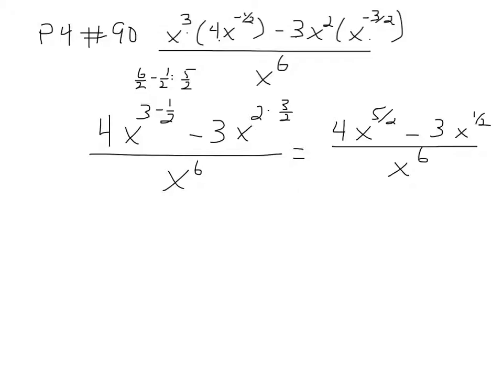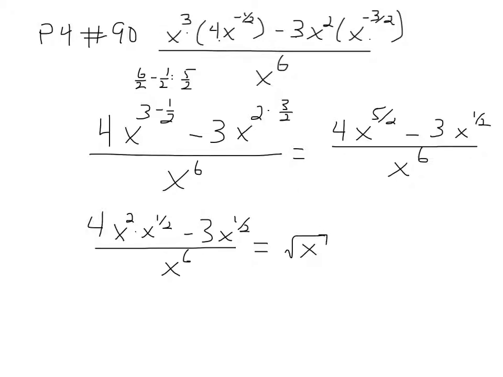We can break our x to the 5/2 into x squared times x to the 1/2 minus 3 times x to the 1/2 all over x to the 6th. Okay. So what we can do is we can do x to the 1/2 is a square root of x. We can pull that bad boy out.